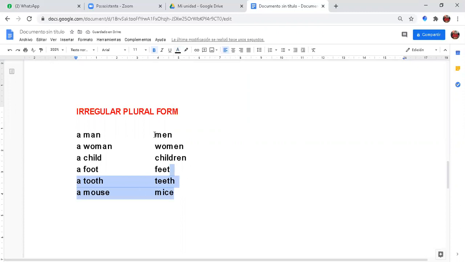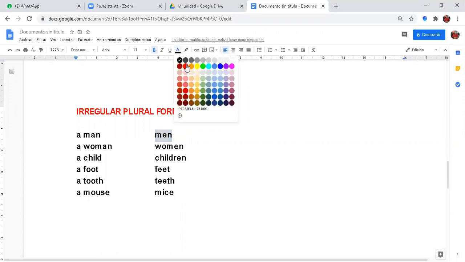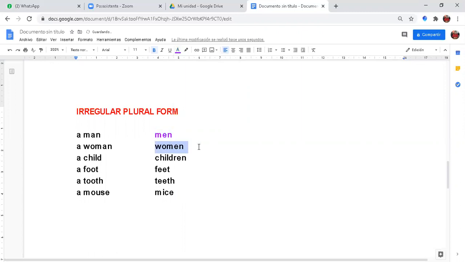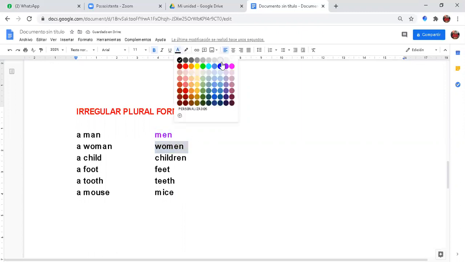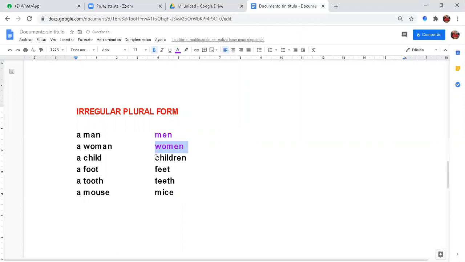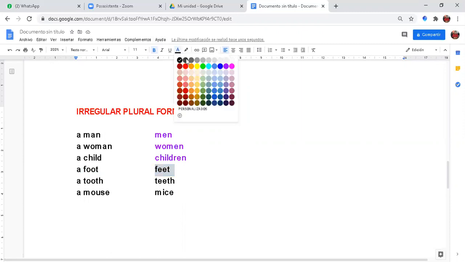As you can notice, all the word changes from singular to plural. Man, men, woman, women, child, children. Singular foot, football, right?